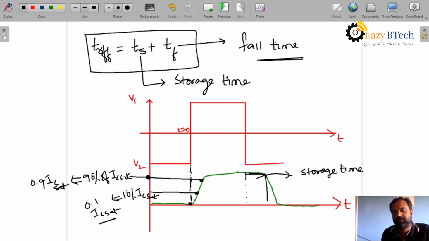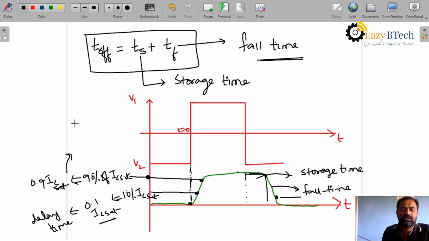From this point to this point, this time duration we will call a fall time, and this time duration we will call a delay time, and this time we will call a rise time.